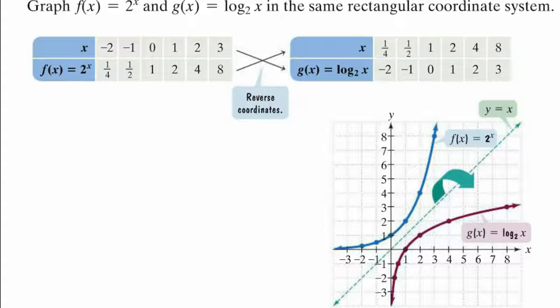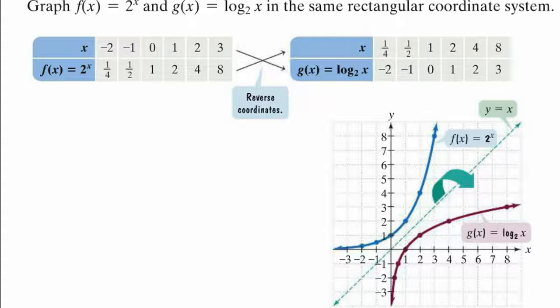And so where an exponential is approaching 0 on the x-axis, and then it increases rapidly to infinity, in the case of its reflection, now it's approaching the y-axis. So it's approaching 0 on the y-axis. Now it has a vertical asymptote.